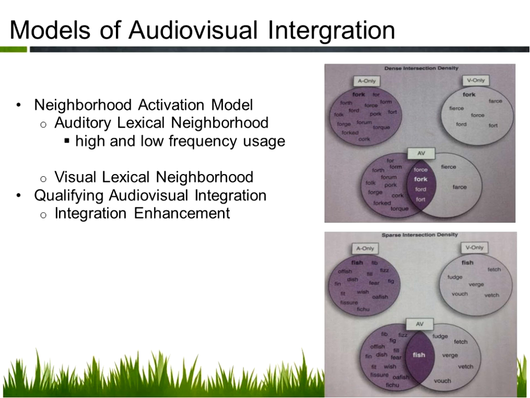There are lots and lots of words. Auditory only, here's some words. Visually only, here's some words, and if I put those two together, there are only 4 words that are both in the auditory neighborhood and in the visual neighborhood that overlap.